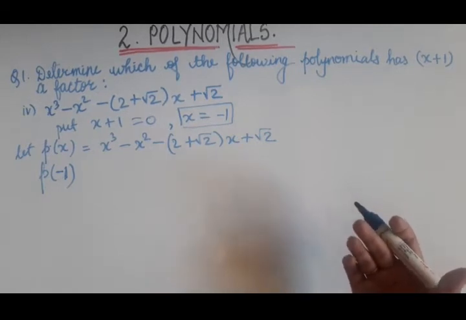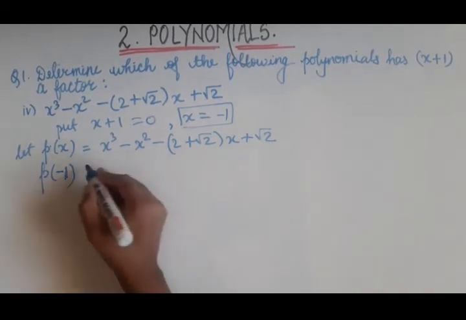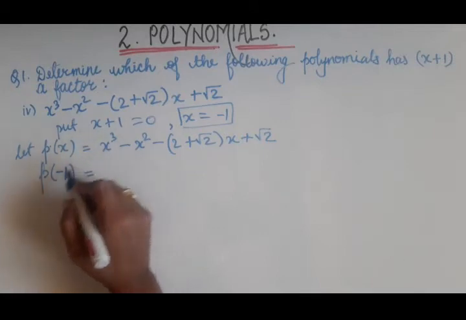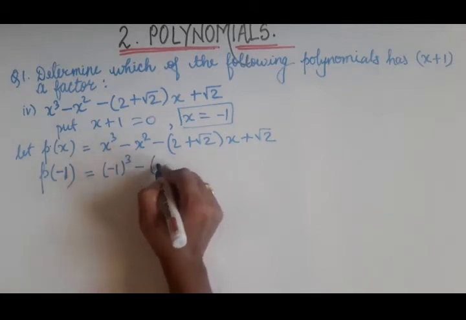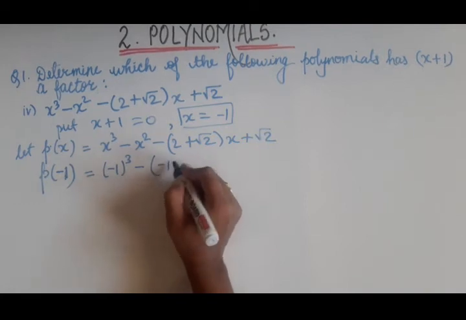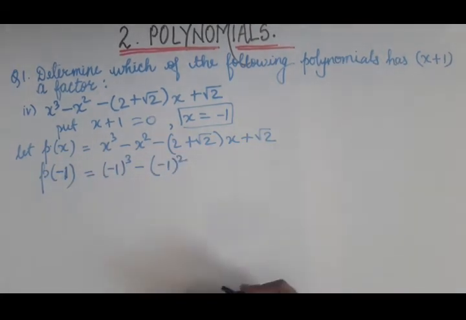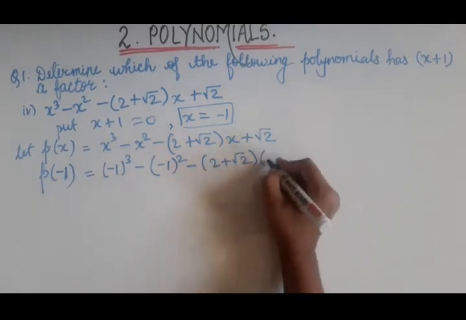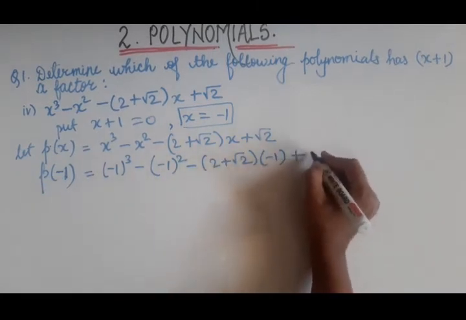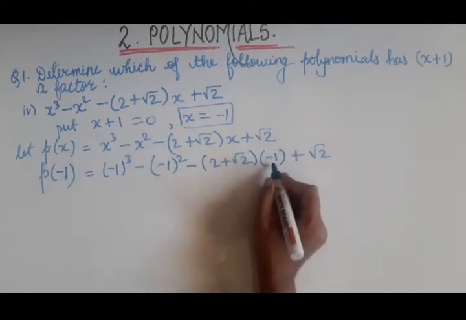If not coming 0, then it will not be a factor, right? So x cube, replace x with minus 1. So you will get minus 1 cube minus x square. It will be minus of 1 square minus (2 plus root 2) into minus 1 plus root 2. This x I replaced with minus 1.